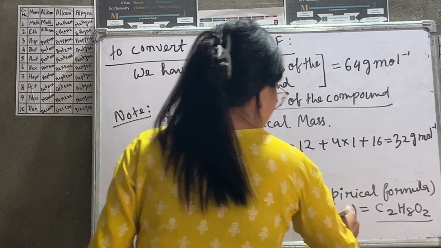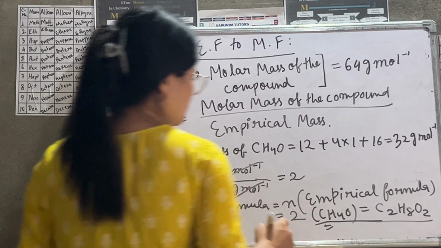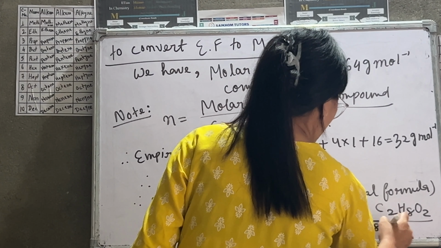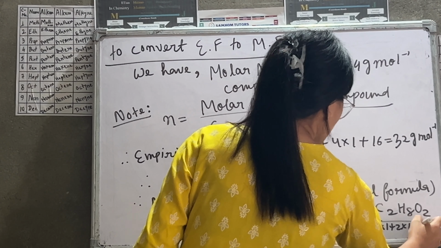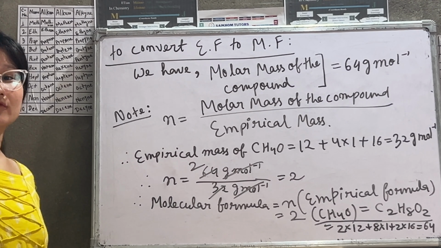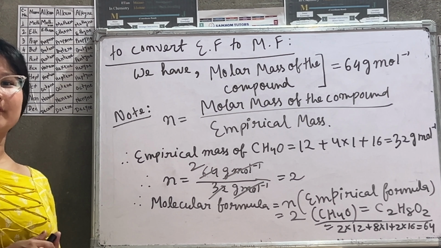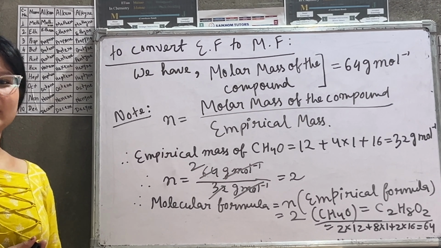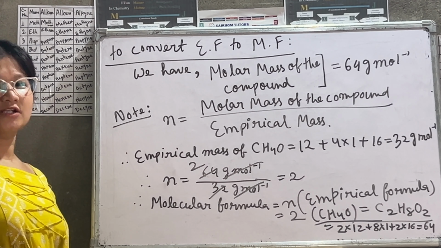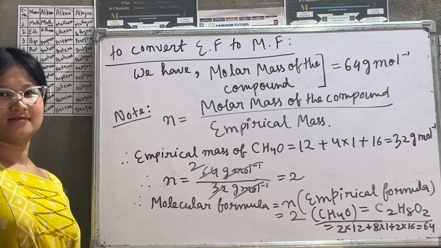So when we calculate 2 into 12 plus 8 into 1 plus 2 into 16, we get 64, which confirms the molecular formula for the question. Okay, understood? Note it down in your copy, otherwise you will forget it.